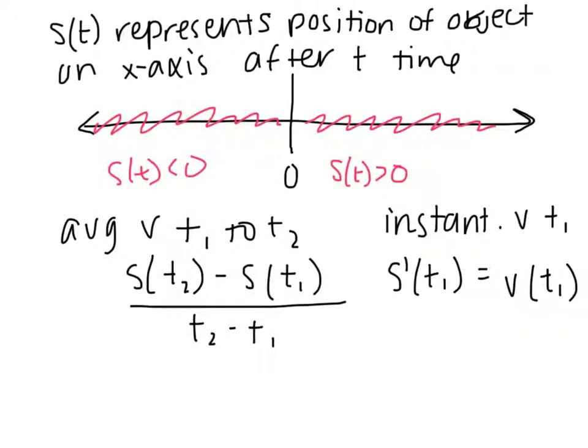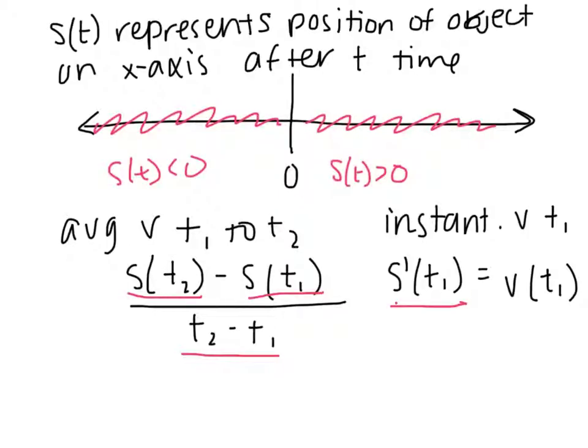Oh, and here the s's are describing displacement, or otherwise known as position. So here, for the average velocity, you're taking the position at time 2 minus the position at time 1 divided by the overall change in time. And then for the instantaneous, you're just finding the slope at the position at time equals 1, which would be using the first derivative, if that makes sense.